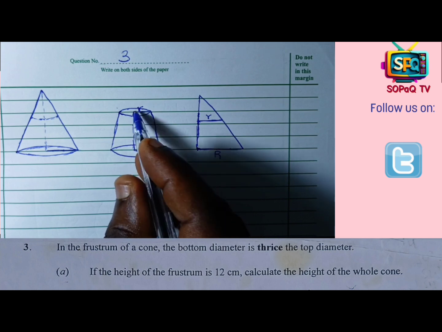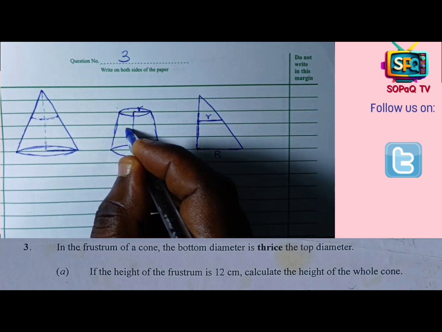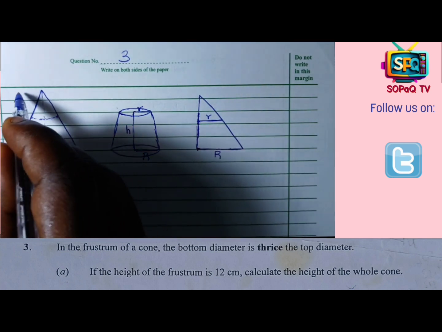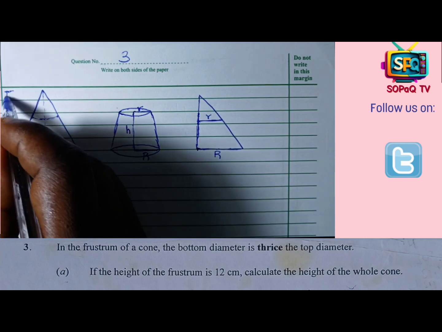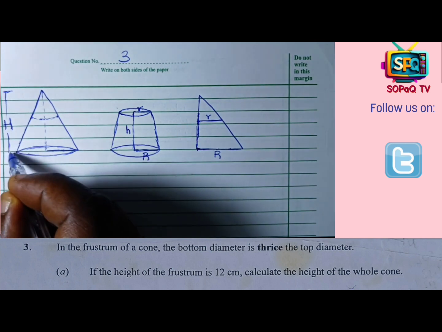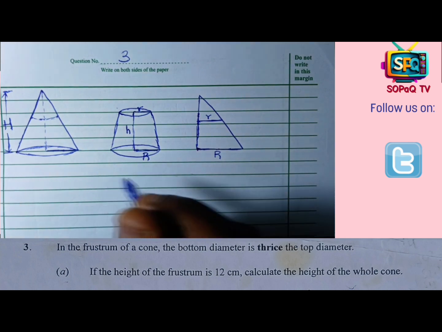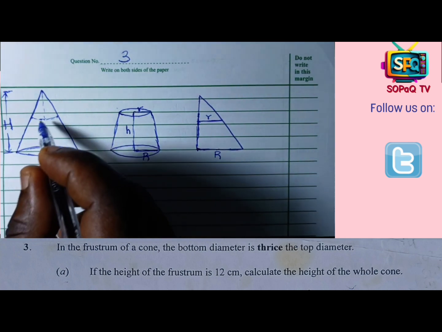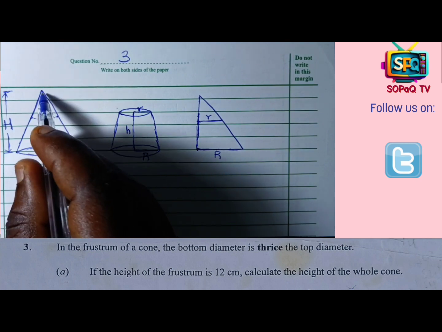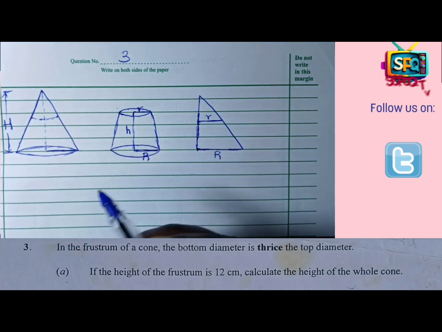And we are having a height for the frustum and a height for the whole cone. So we let the height of the frustum be small h, and the general height for the cone be capital H. Mind you, if this is the height of the frustum, there is another height from the tip of the cone to where the cone was cut.